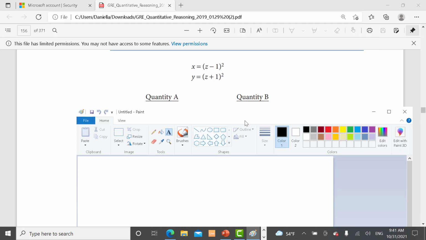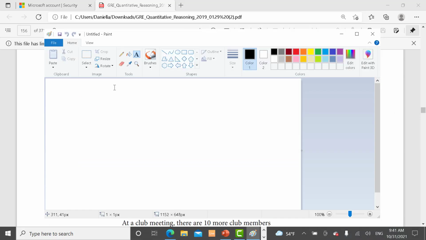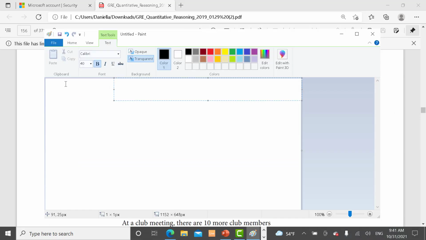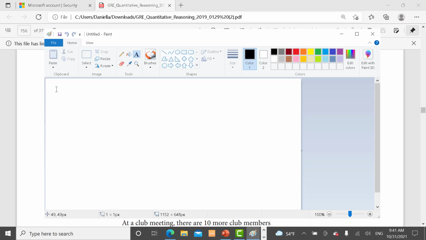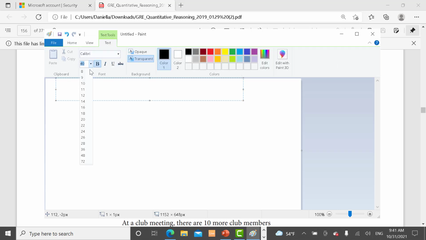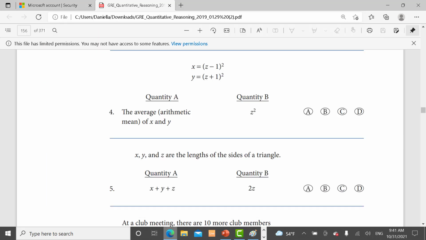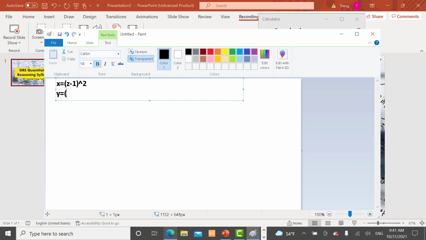So let's just write down here: x is (z minus 1) squared, and y is (z plus 1) squared.